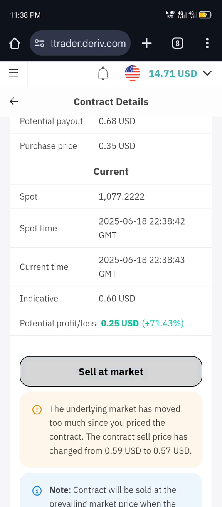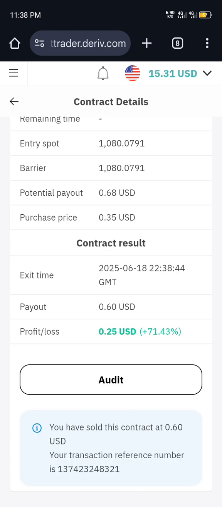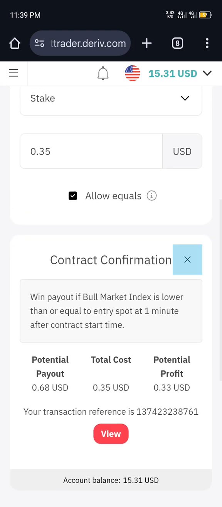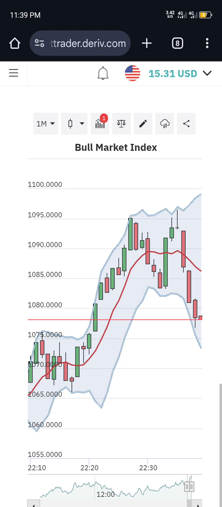The network still hinders me. Okay, we've succeeded this time around. So we've locked in our profit of 25 cents. See, it reflects in the account balance. It has moved from $15.06 to $15.31. So we still stand at the 35 cent stage because we've made a success there.